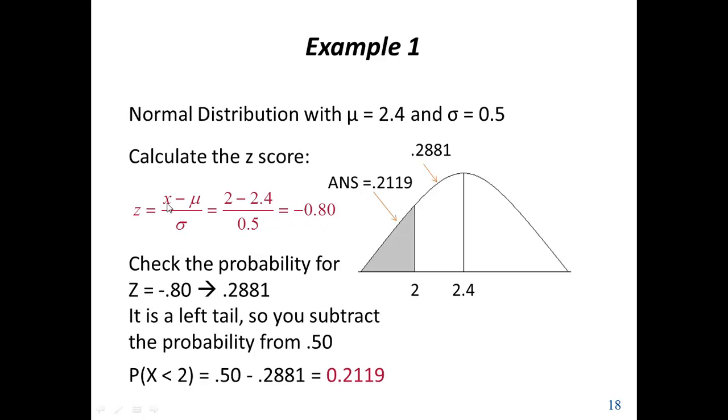This is 2 for the x, this is the mu 2.4, and this is the standard deviation. For -0.8 we check the chart, and the answer is 0.2881. But then it says less than 2, so less than -0.8. So you have to subtract the probability 0.2881 from 0.5. So the answer is 0.2119.